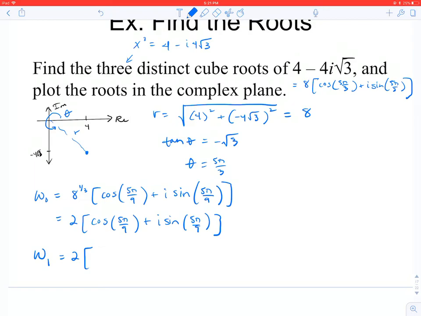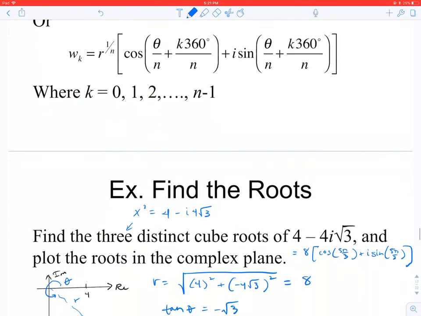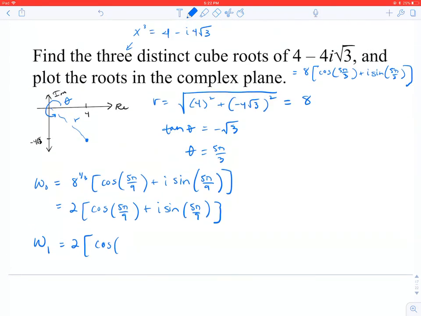Okay, the second root, I'm going to write as w sub 1. We'll still have a magnitude of 2. And if you look up here at the nth root theorem, we're adding 2k pi over n. So k is equal to 1 in this case, so it's 2 pi over n. So 2 pi divided by n will be 2 pi over 3.